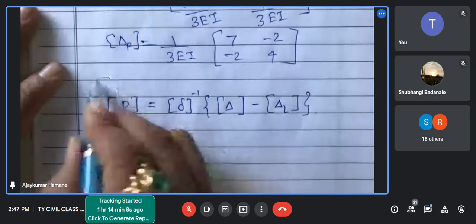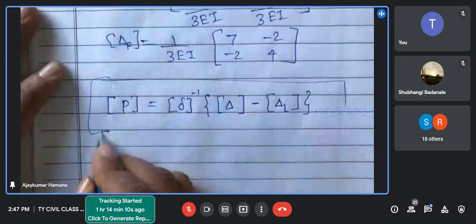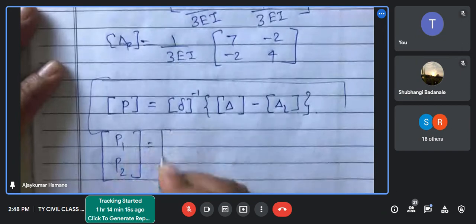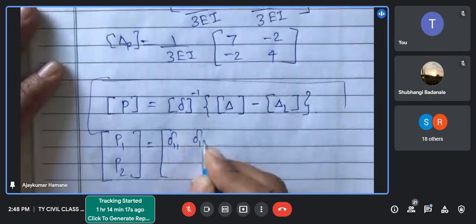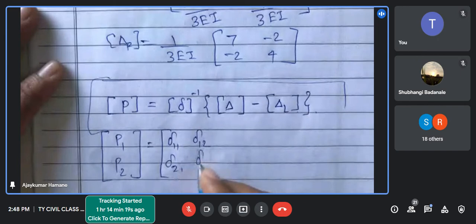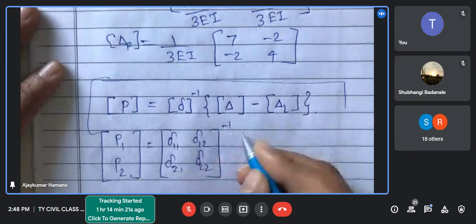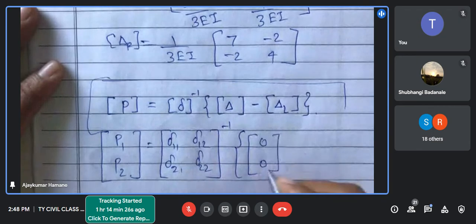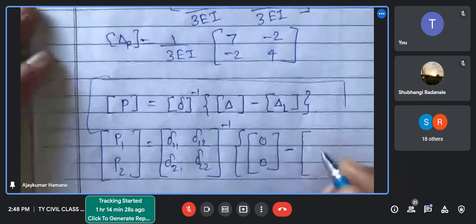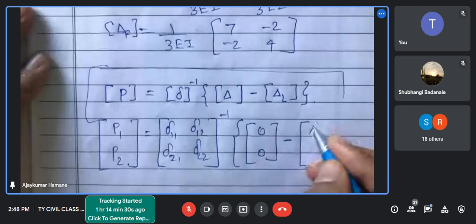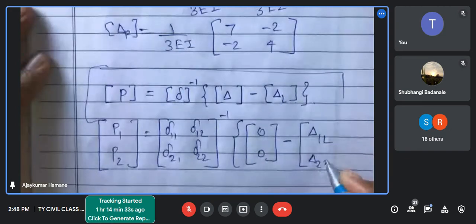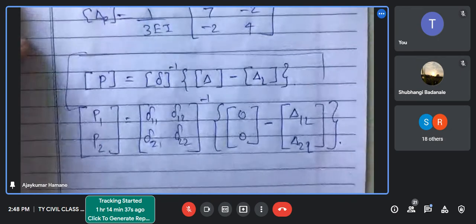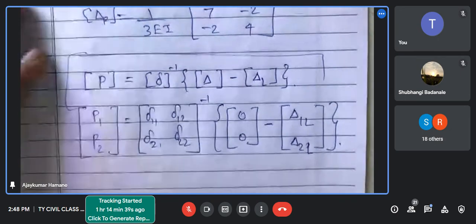So we have two coordinates, P1 and P2, and the matrix delta 1 1, delta 1 2, delta 2 1, delta 2 2, inverted. The final displacement is 0 because it is in equilibrium, minus delta L, that is delta 1L, delta 2L, like this.